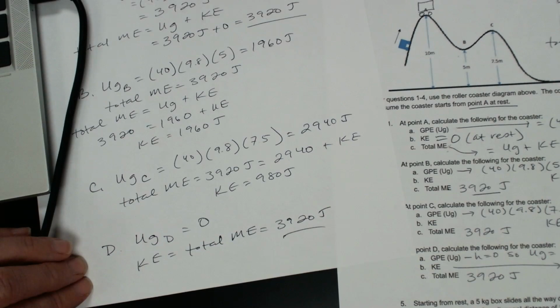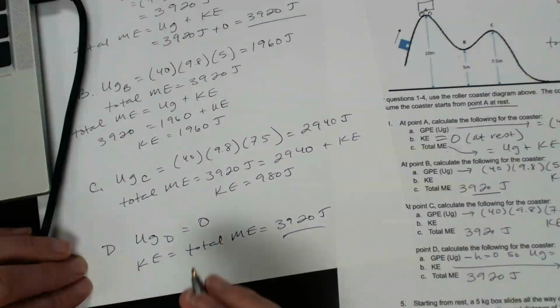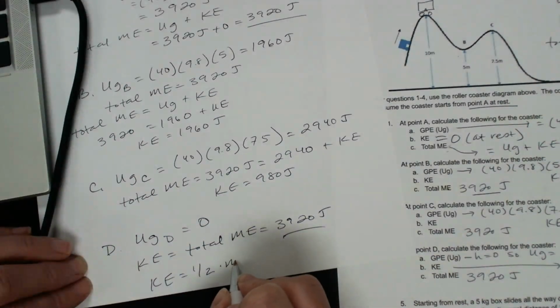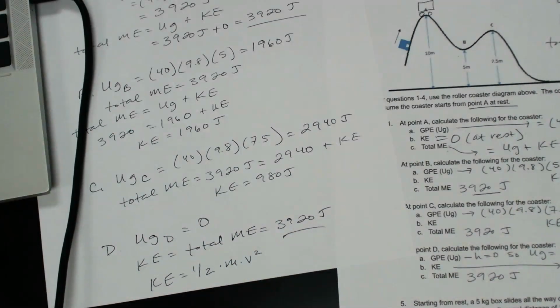And if I wanted to get velocities anywhere, I could do that now that I've got this kinetic energy value. I didn't ask y'all for that, but I could use kinetic energy equals 1/2 times m times v squared. And you did this in your lab. You're just solving this equation for velocity.